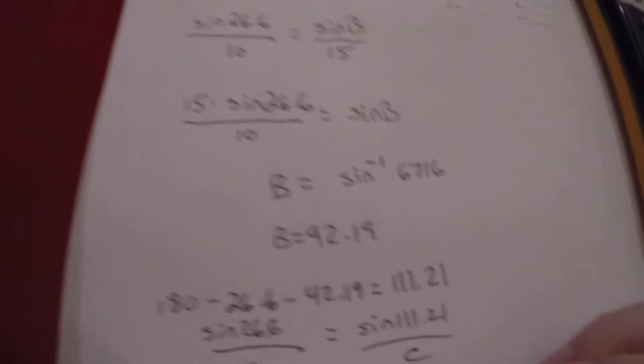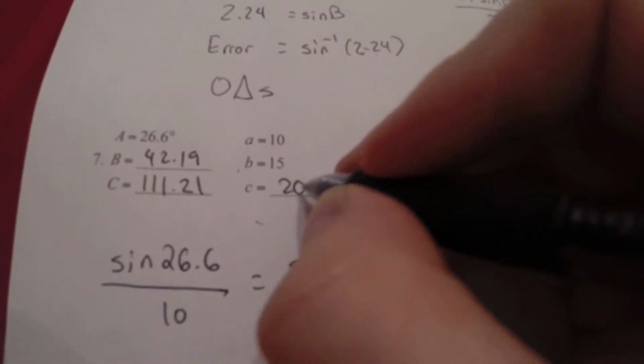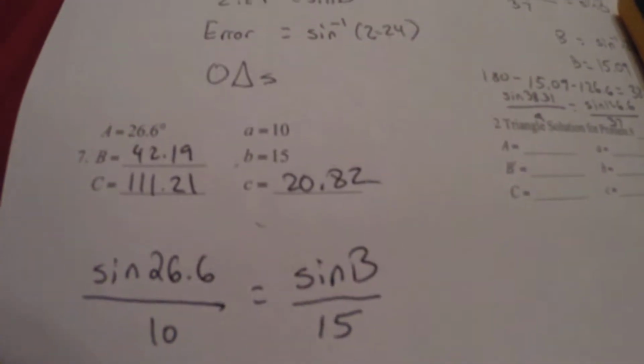Upon entering, you get 20.82. So C is 20.82.